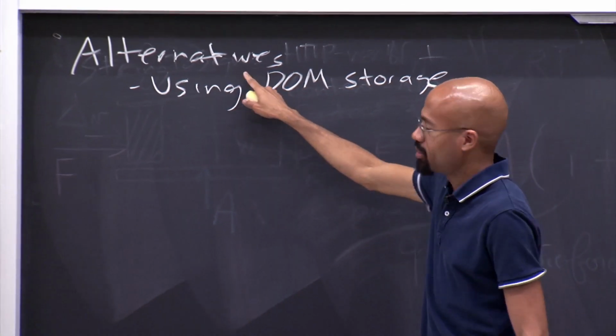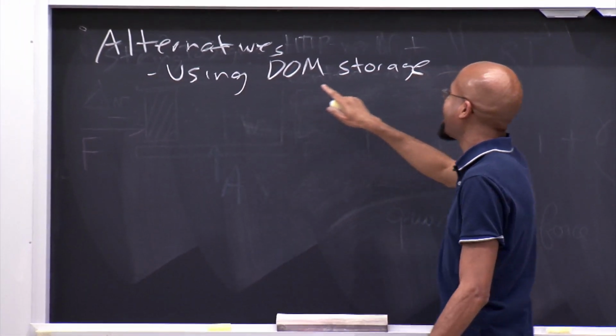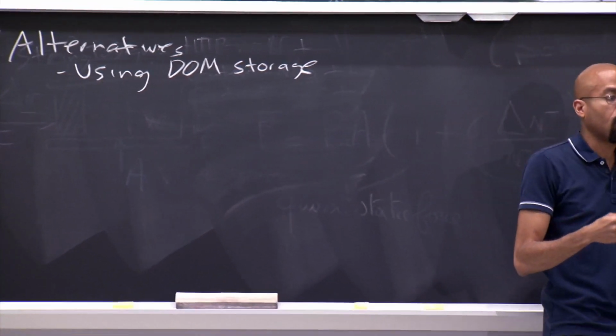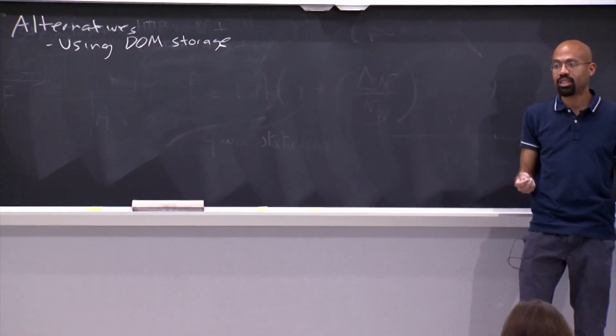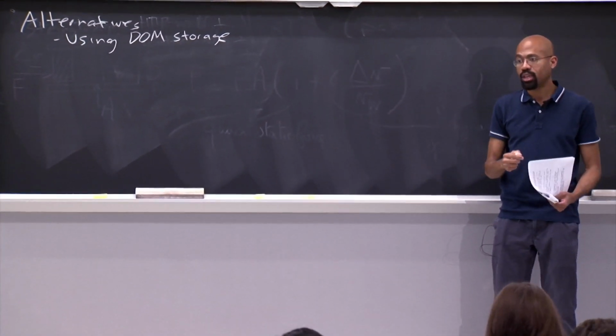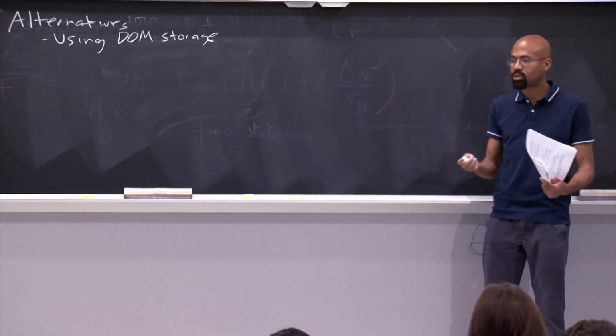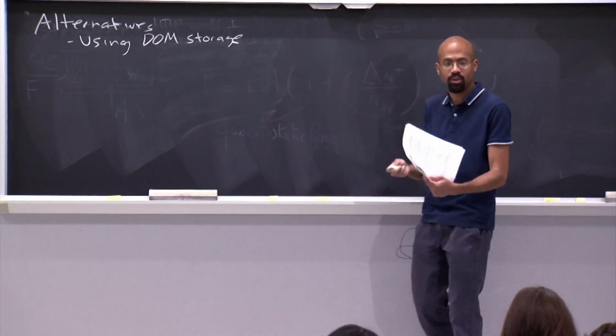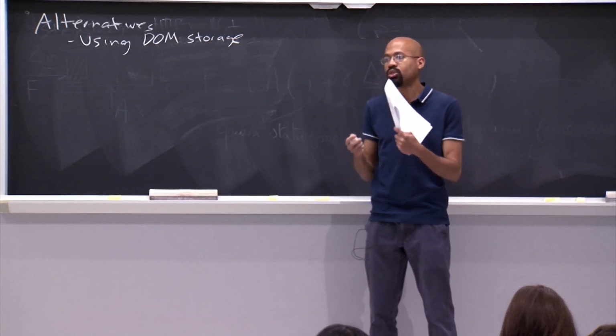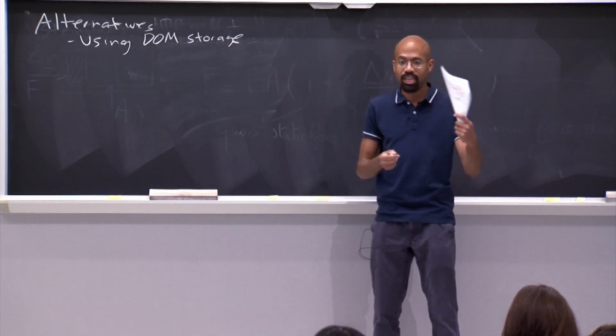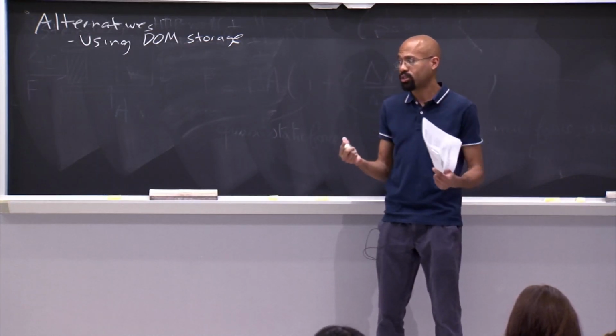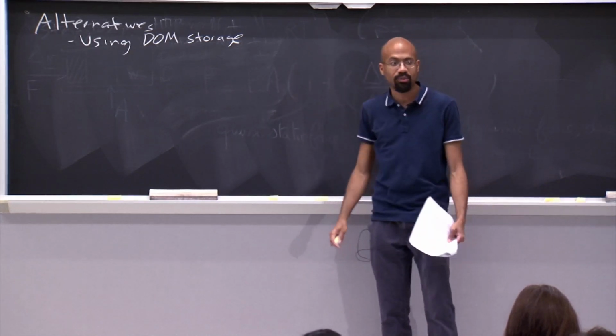This says alternatives, in case you need that. So you use DOM storage to hold some of the session state that you would ordinarily put inside of a cookie. If you remember from last lecture, DOM storage is essentially a key-value interface that the browser provides to each origin. So you can just say get and put, and both the key and the value are strings. So you can imagine putting your authentication stuff inside there.